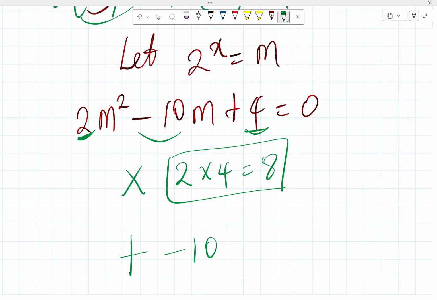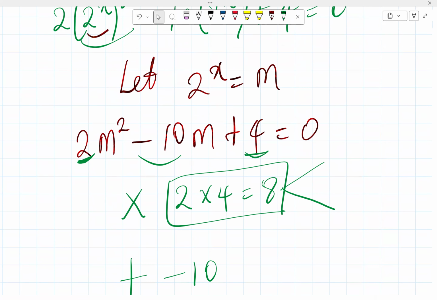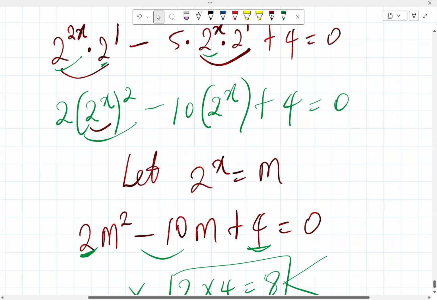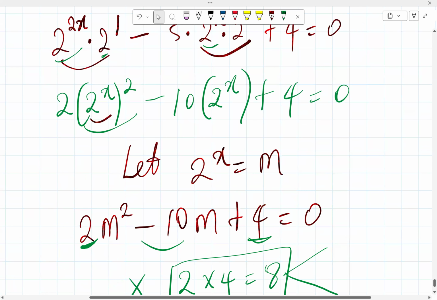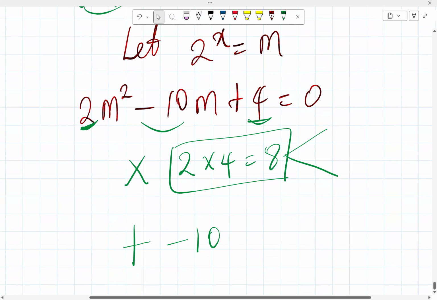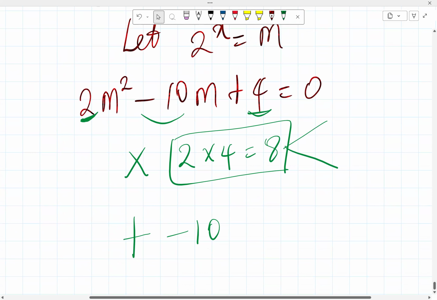Those two numbers have to be factors of 8. This is 2 times 4, right? 2 times 4 is 8. So we need two numbers that, when we multiply, we get 8, but when we add, we get minus 10. So what should that be now?